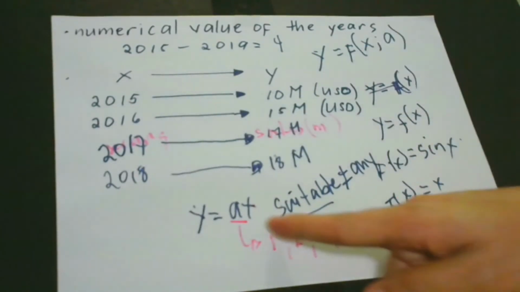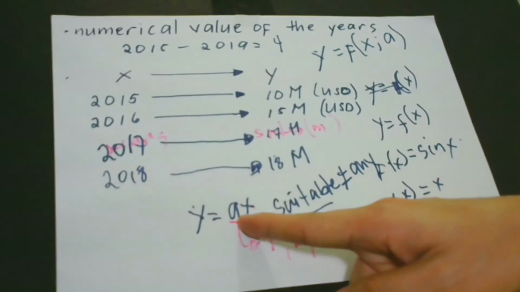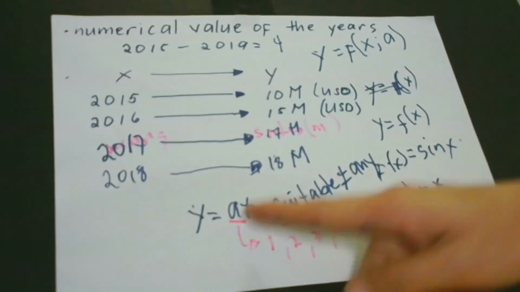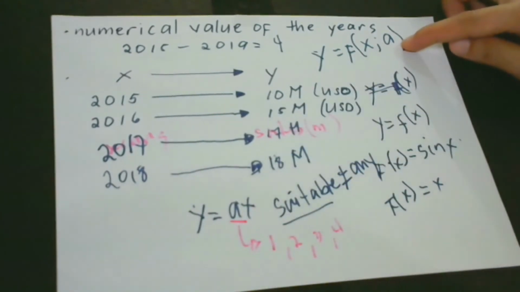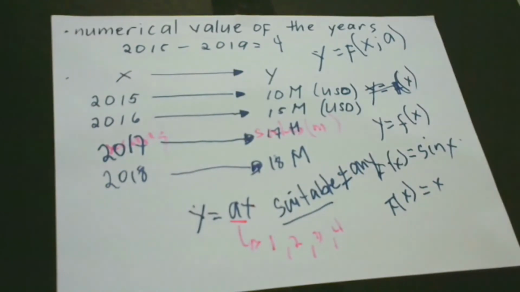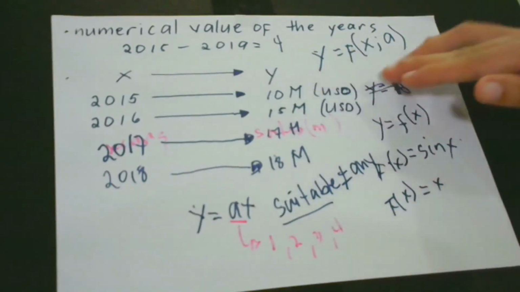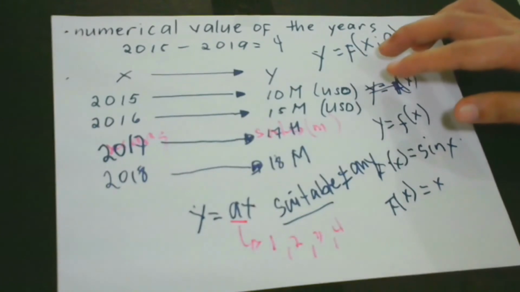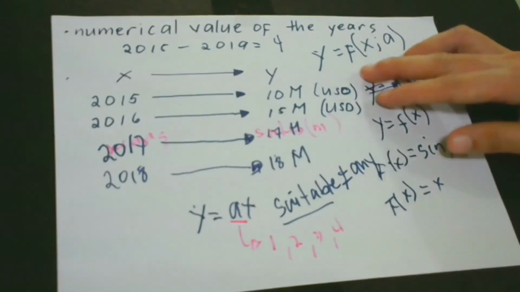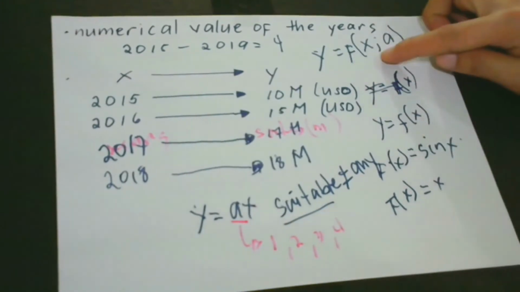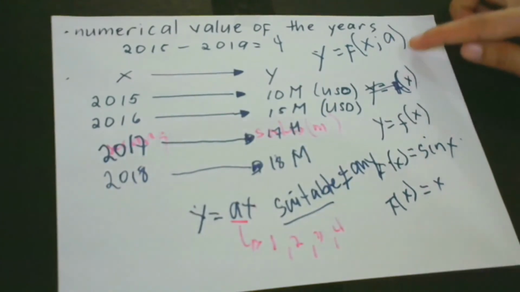Just like what we have said here, that a acts as a parameter, here also acts as a parameter. So how do we read this one? This means the function f that acts on x and has a parameter a.